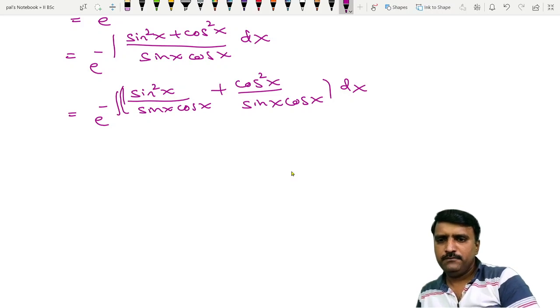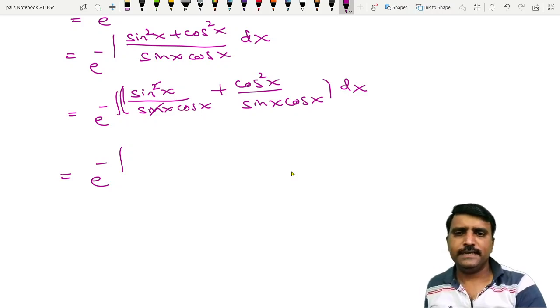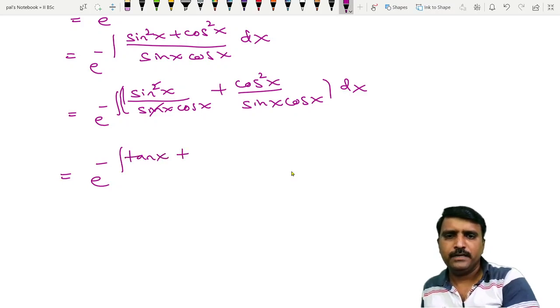Here one of the sin x cancels. If sin x cancels, what is remaining? Sin x by cos x, which can be written as tan x, plus here one of the cos x cancels, so cos x by sin x can be written as cot x, into dx.